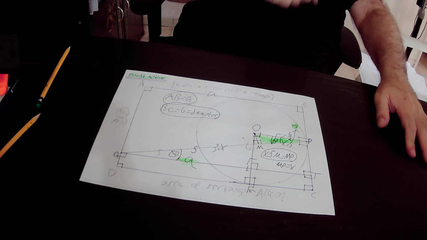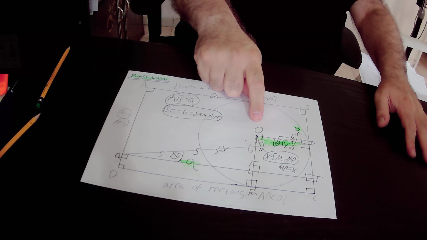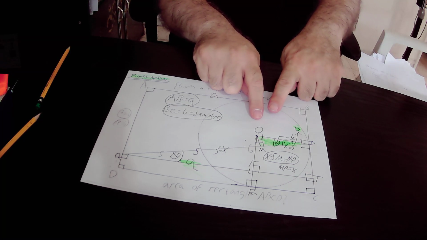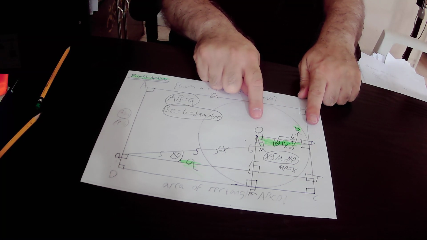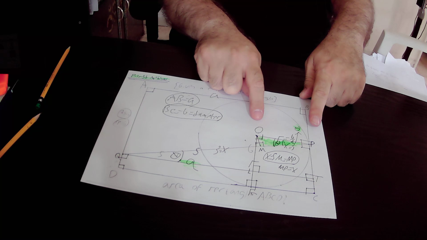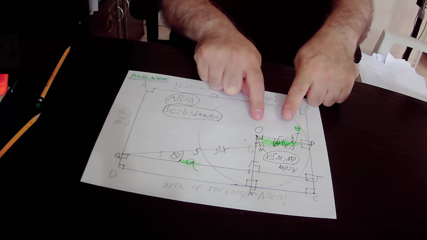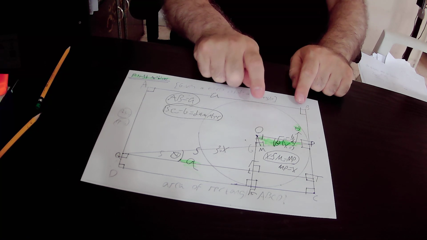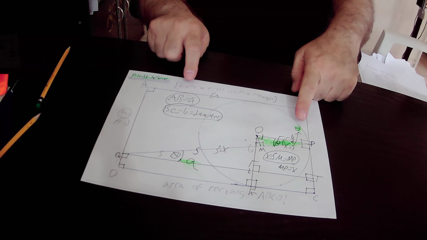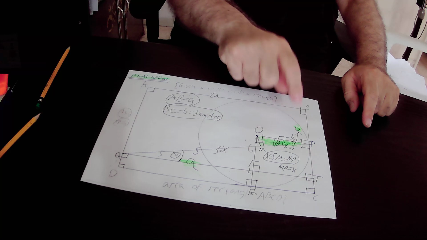And then we define the center of the circle as point O. We join points O and P together by a straight line. Point O is the center of the circle, point P is a point on the circle itself, therefore OP is the radius of this circle that we define as R. If the diameter equals B, then the radius must equal B over 2. So R equals B over 2.